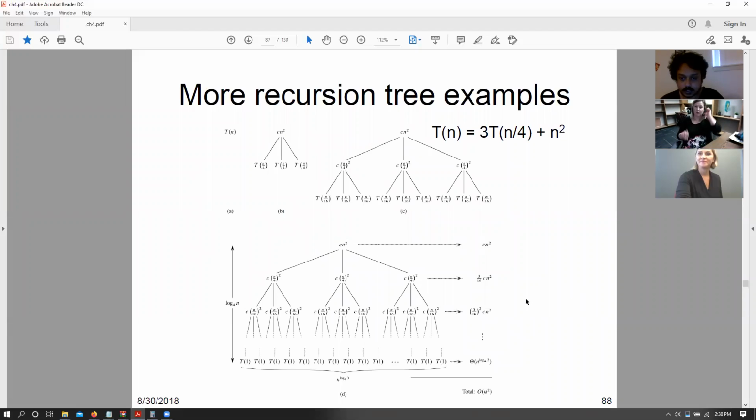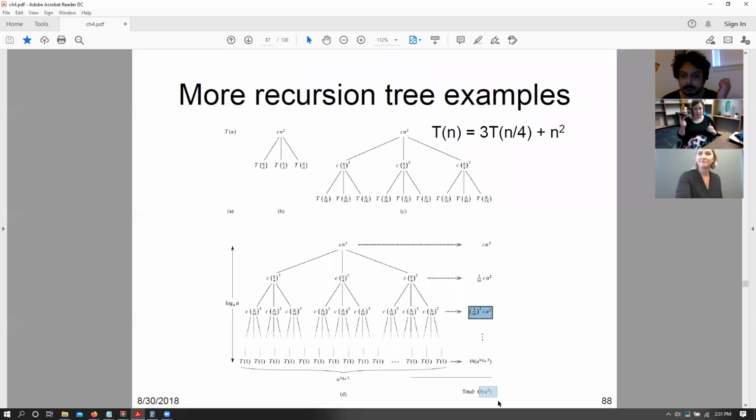Okay, so coming back to this, we have Cn squared, 3 by 16 Cn squared, and so on.